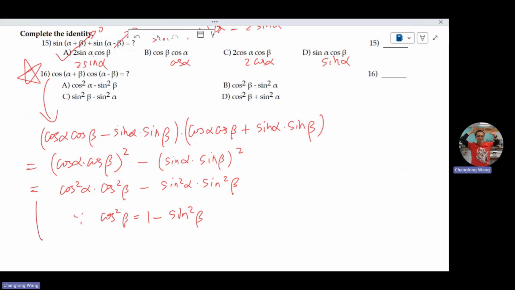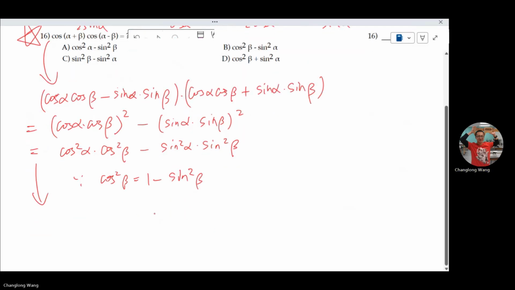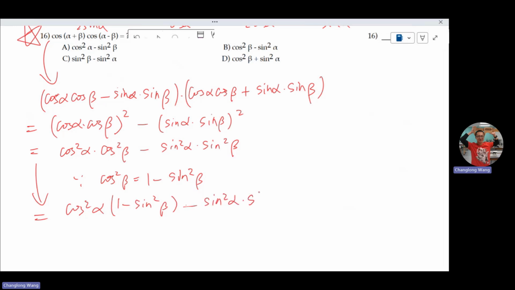So now if I make the substitution, cosine square alpha times 1 minus sine square beta, right? So I still have the remaining terms, right? Sine square alpha, sine square beta, right? And of course, you just have to distribute it, right?